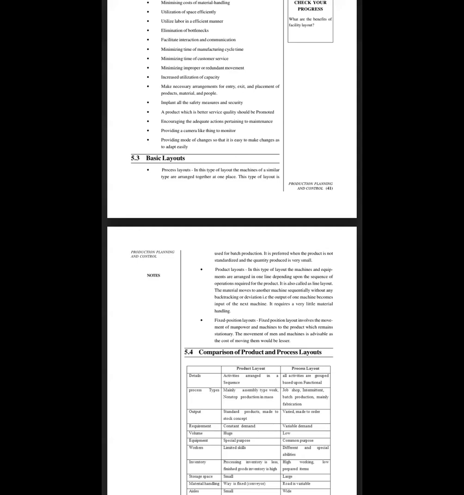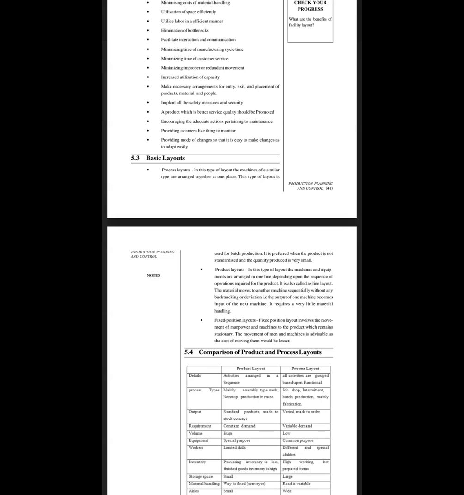Then implement all the safety measures and security, including cameras to monitor. Provide a mode of change so that changes can be adapted easily. So these are all the changes that you need to see. Then basic layout, process layout.